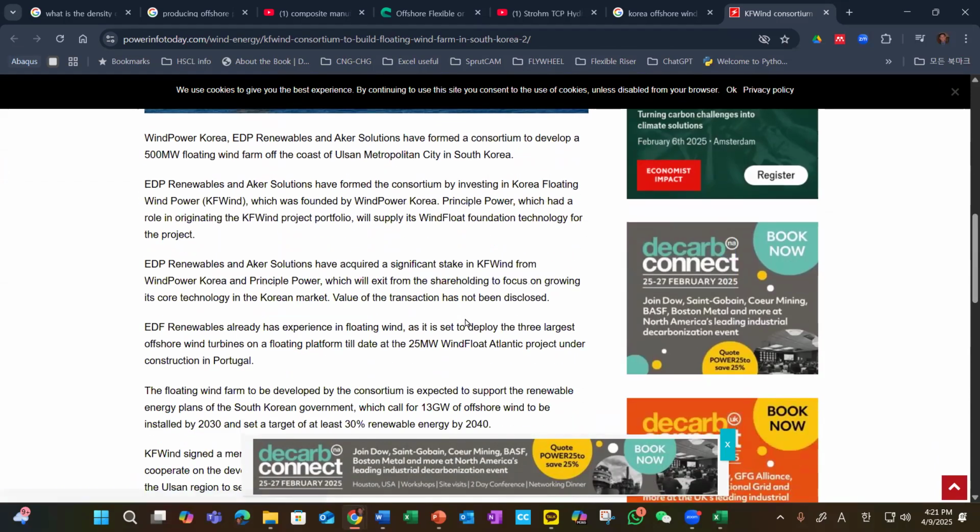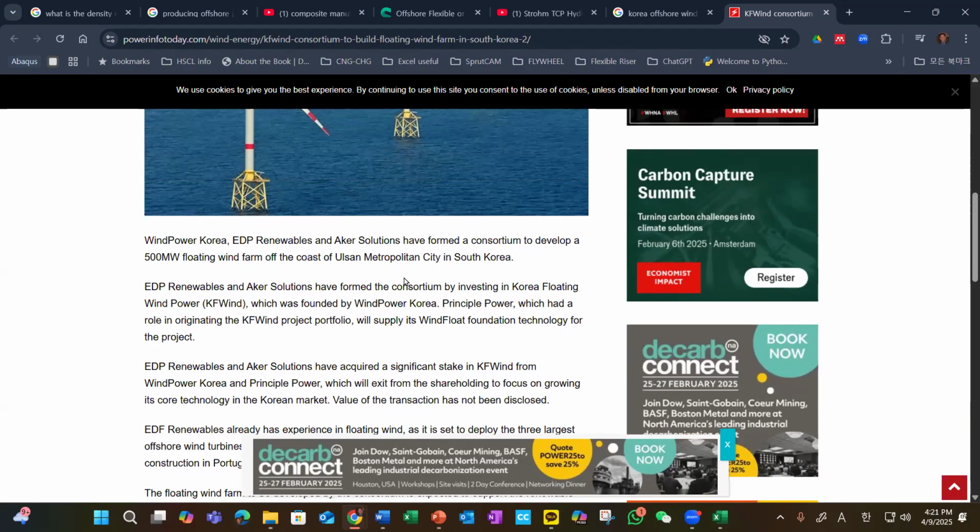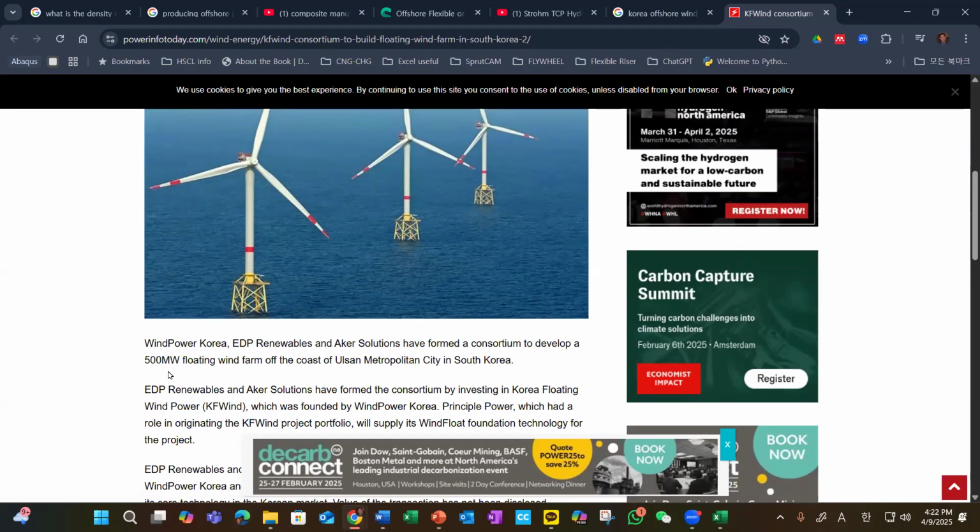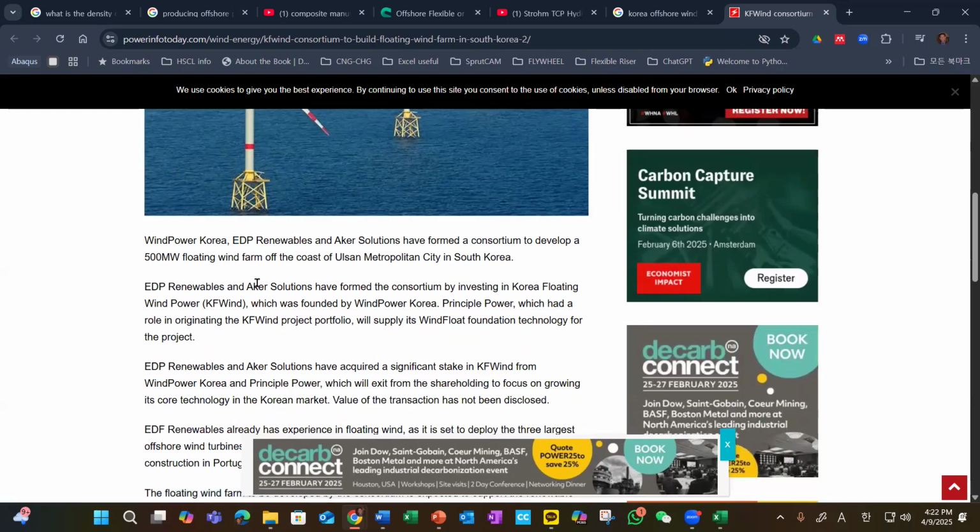Yes, there are a lot of plans for offshore wind turbines. This one is off the coast of Ulsan metropolitan city in South Korea, to develop 5 megawatt turbines. If one wind turbine is 5 megawatts, then we need about a hundred turbines.